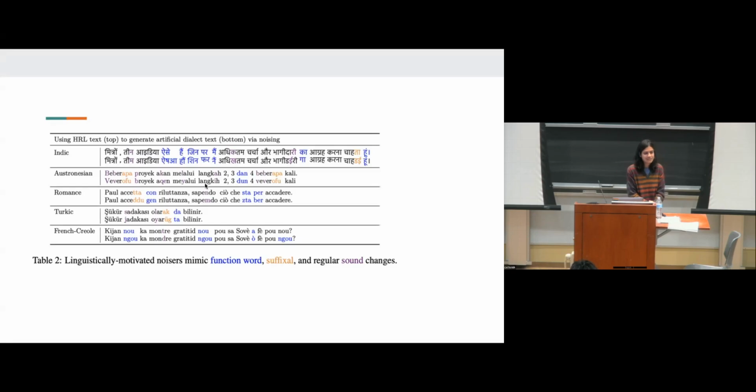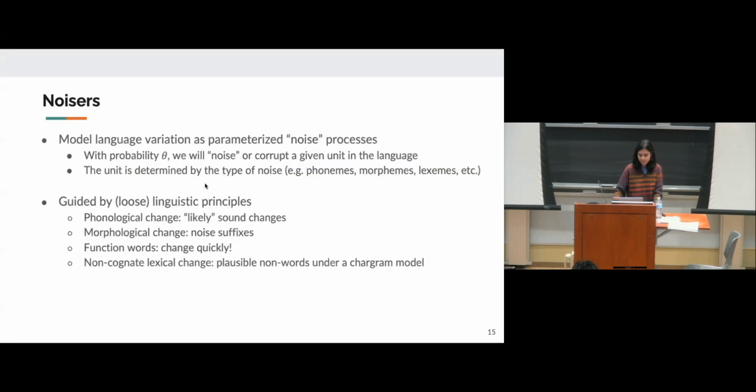Okay. Can you go back to the previous slide? This one? Yeah. When you say noise suffixes, do you mean that you noise up the existing suffix, like you replace it? You use the wrong suffixes sometimes? We basically have a new inflectional paradigm for the language.